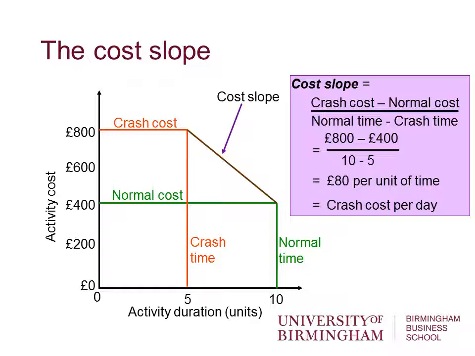In this case, £800, which is the crash cost, minus £400, which is the normal cost, over 10 days, which is our normal time, minus 5 days, which is our crash time. You crunch those numbers, you get £80 per unit of time. So £80 in this case would be the crash cost per day.